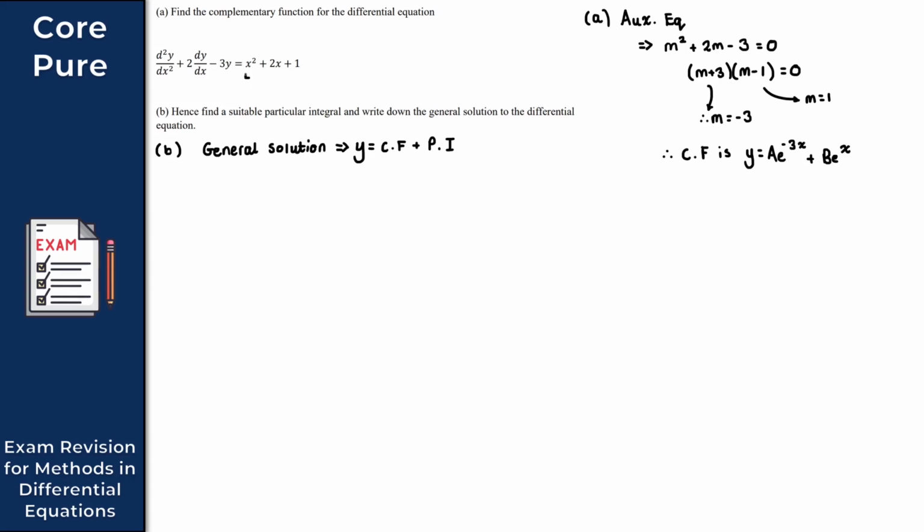Now, when I look at f of x here, then I've got p plus qx plus rx squared. So what we need to do here then is try, for our particular integral, y is equal to lambda plus mu x plus nu x squared, like so.